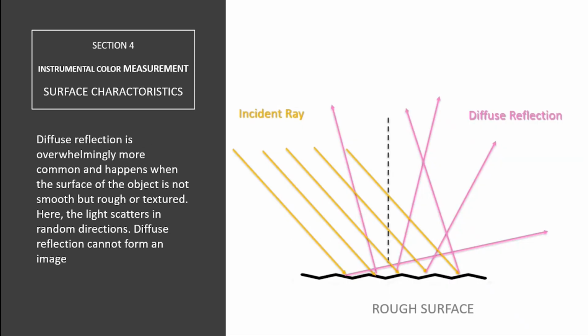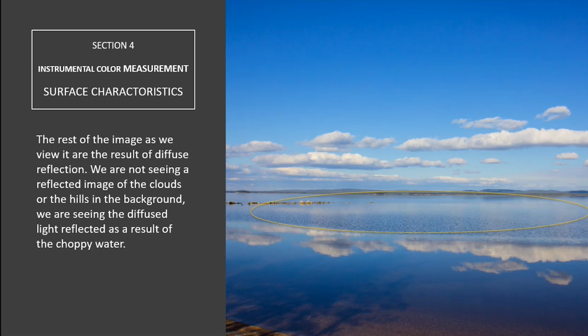Diffuse reflection is more common, and it happens when your surface is rough or textured. In this case, the incident light ray scatters. It's diffused, it goes everywhere. Diffuse reflection is not equal to the incident ray. Looking back at our image, we can see this in real life.